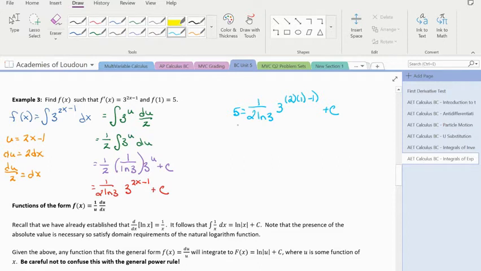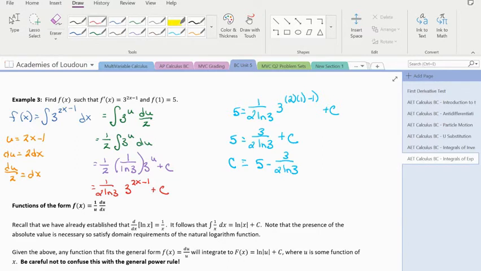So we have 5 is equal to 3 to the 1, which is just going to be 3. So we have 3 over 2 natural log of 3 plus c, which then implies that c is equal to 5 minus 3 over 2 natural log of 3.